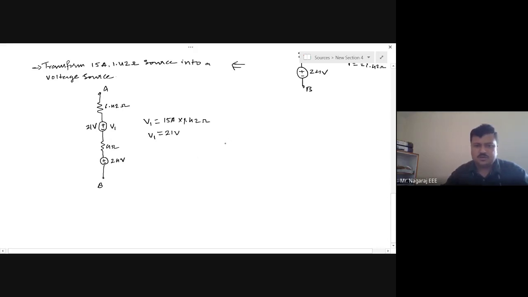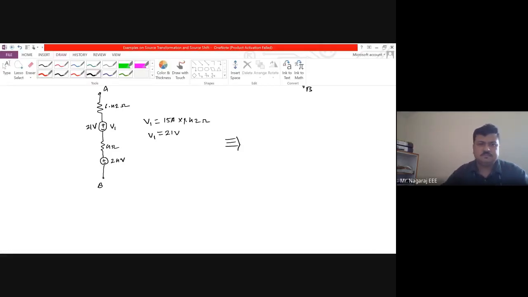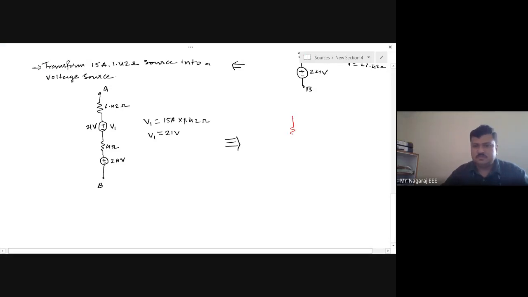So what I get as the solution, I will write this equivalently: a voltage source and a resistance in series. Now this is B, this is A. Resistance 4 ohm and 1.42 ohms are in series, so it will be 5.42 ohms, which is 4 plus 1.42.